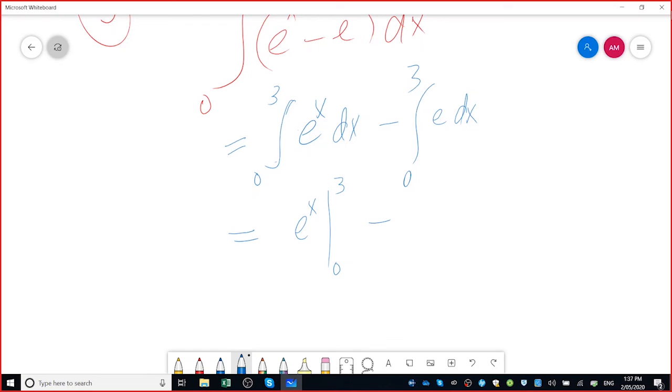Minus ex. Why ex? Not to the power, just x. Why ex? Because e isn't a variable.